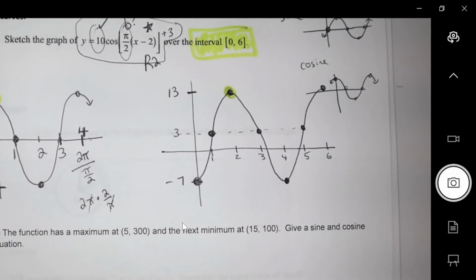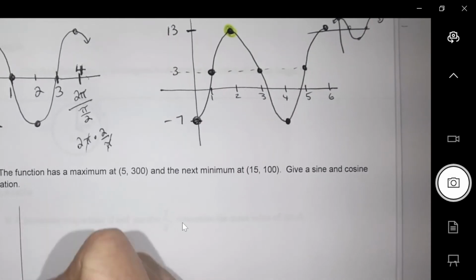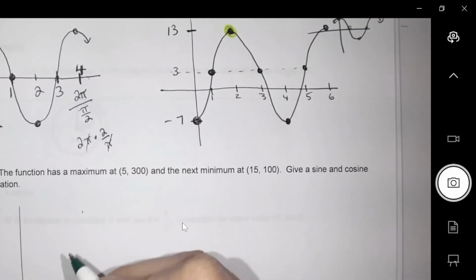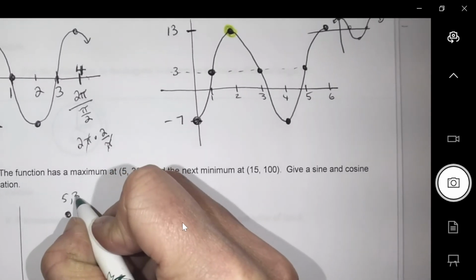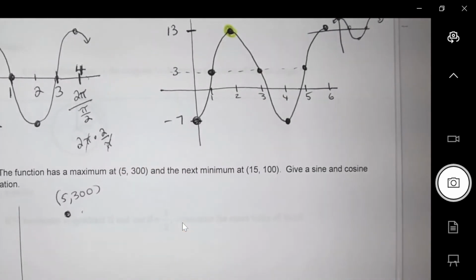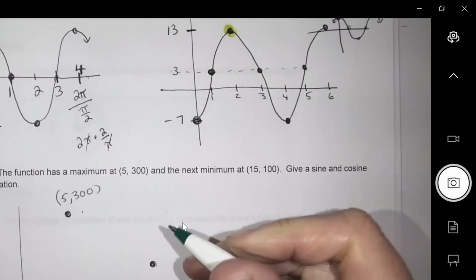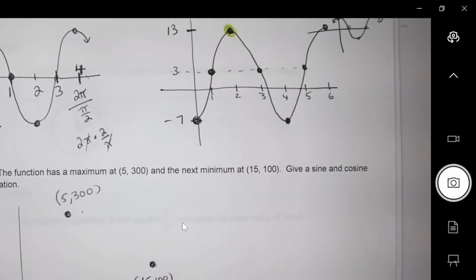Okay, ready? We have a max at 5, 300, and a min at 15, 100.